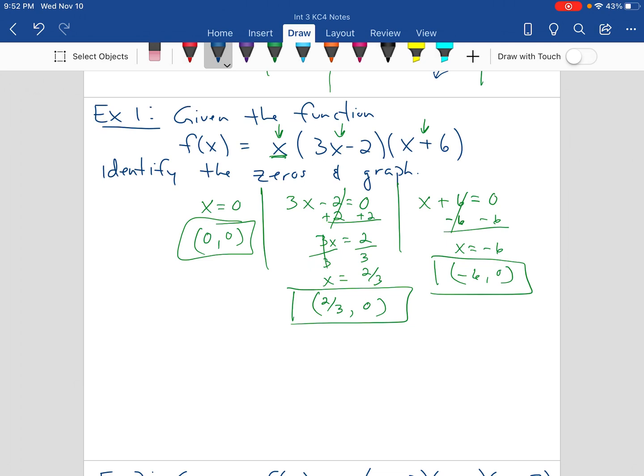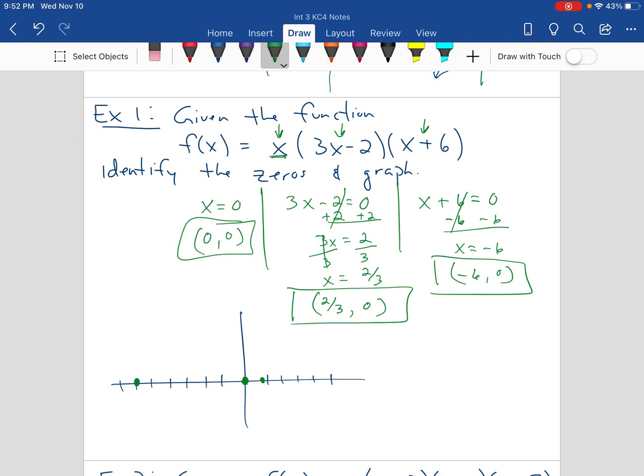Okay, now I am going to graph this. Let me draw this a little larger so I have space. Okay, so I have a coordinate at (0, 0), at (2/3, 0), which is almost 1, so here somewhere, and then (-6, 0).